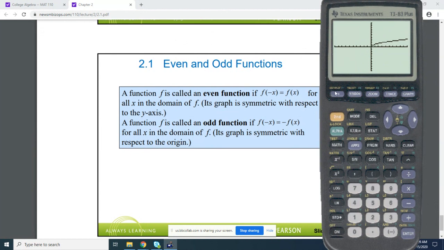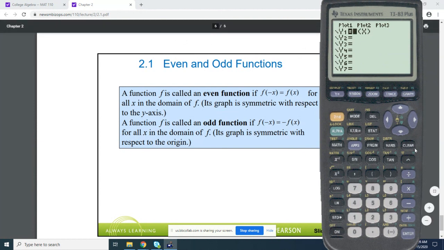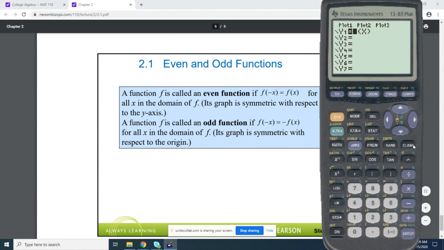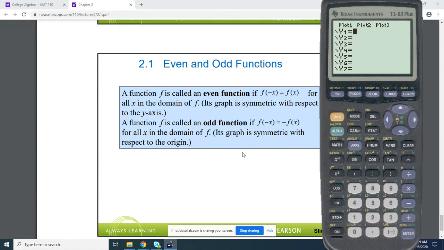And then lastly, the absolute value. Normally there are a lot of problems graphing the absolute value because the absolute value function is not readily available. So I'm going to clear out my y sub 1 function. In order to find your absolute value, you must go within math.